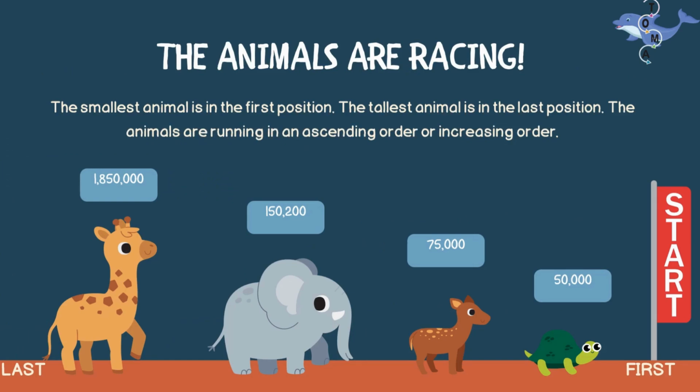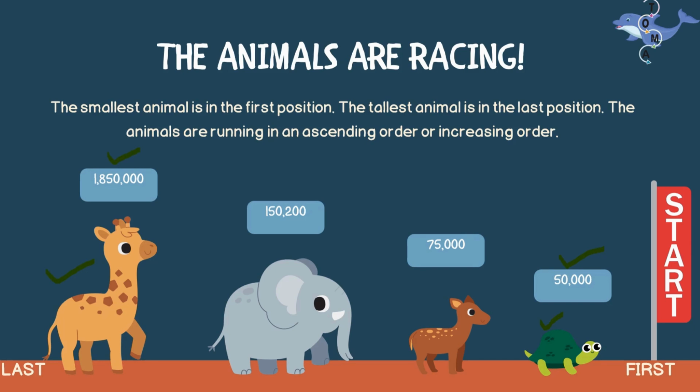The animals are racing. You can check from this picture that these 4 animals are racing. The smallest animal is in the first position, which is this. Yes, this is 50,000. And the tallest animal is in the last position. You can check over here. This one is in the last position.